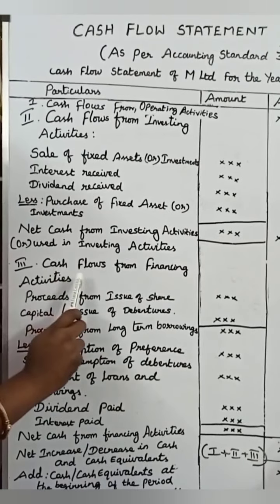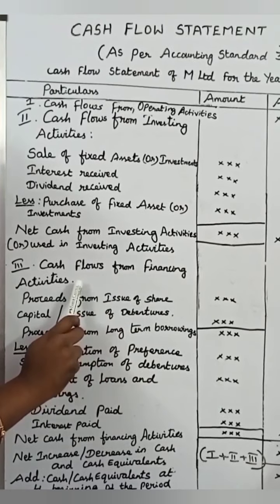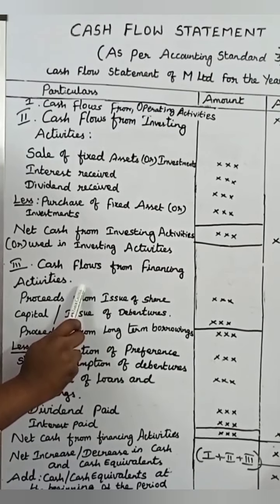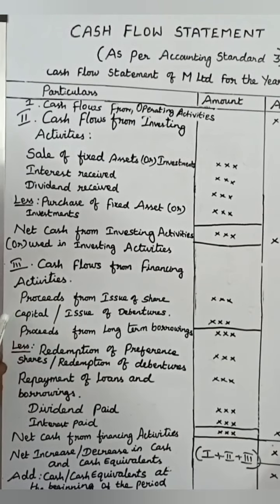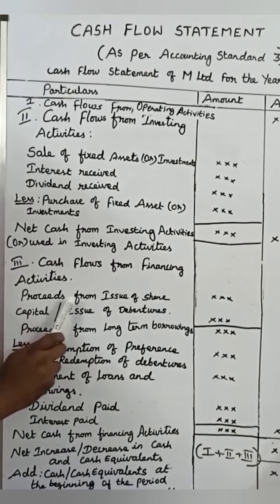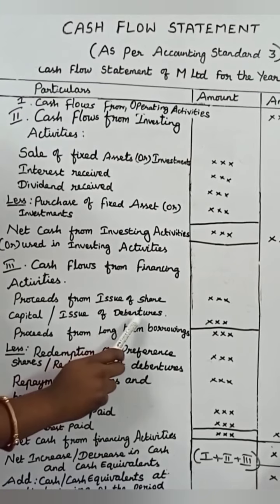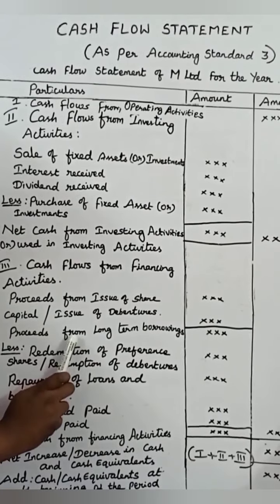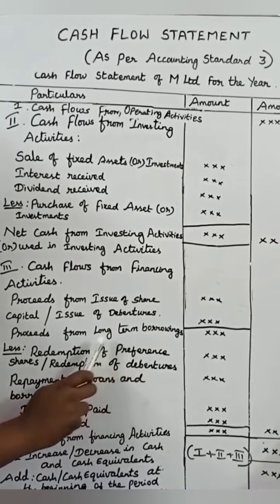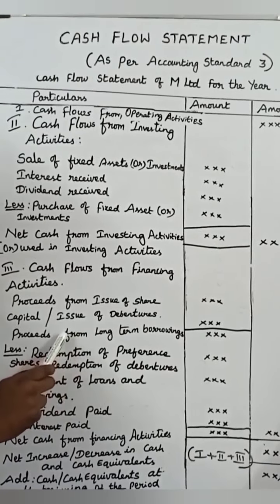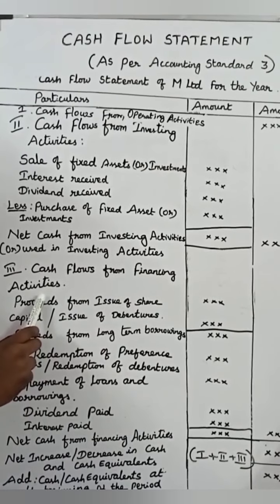The third part of the cash flow statement is cash flows from financing activities. Cash flows from financing activities are proceeds from issue of shares, proceeds from issue of debentures, and proceeds from long-term borrowings. These transactions result in cash inflow from financing activities.